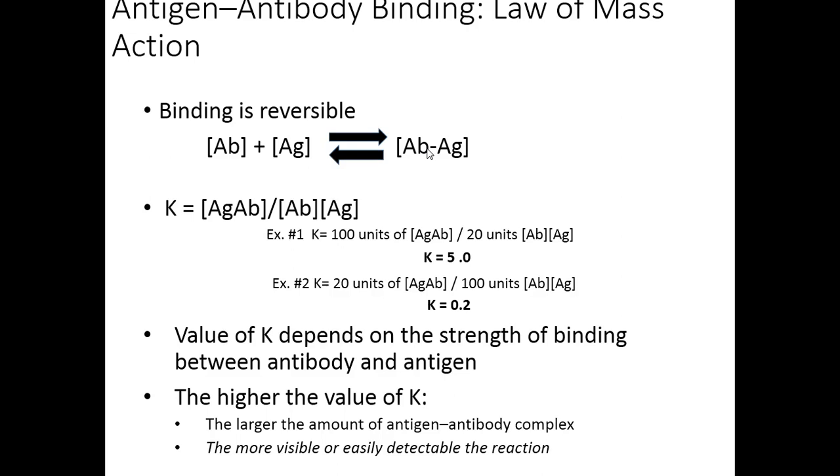So let's see this concept of equilibrium and strength of the reaction played out by using the calculation that's associated with the law of mass action.